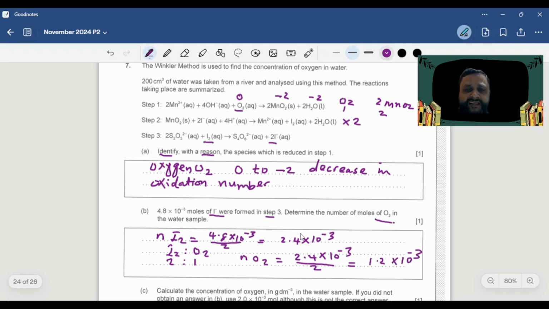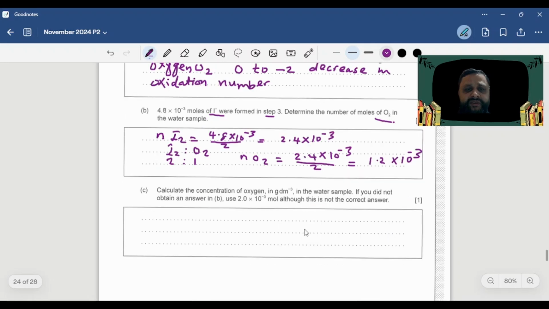Let's move to the next part of the question. Calculate the concentration of oxygen in gram per dm cube. So let's find out the mass of oxygen in that 200 centimeter cube of sample. Mass will be equal to moles times molar mass.